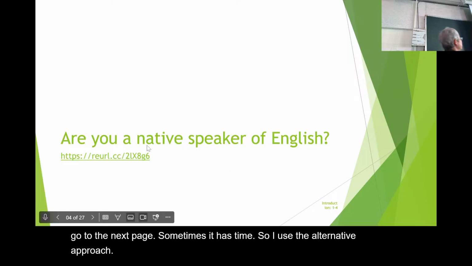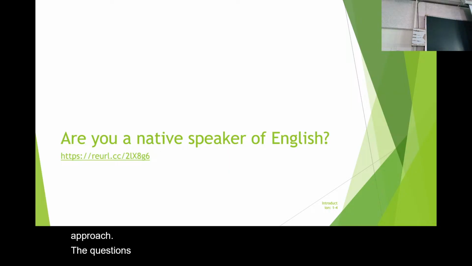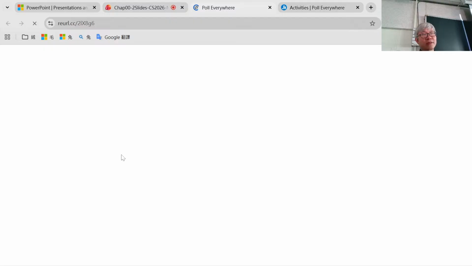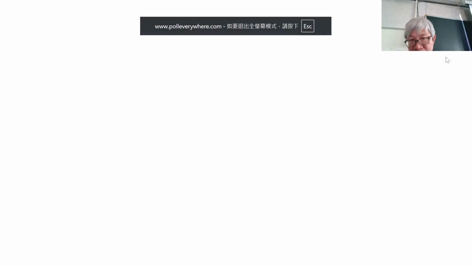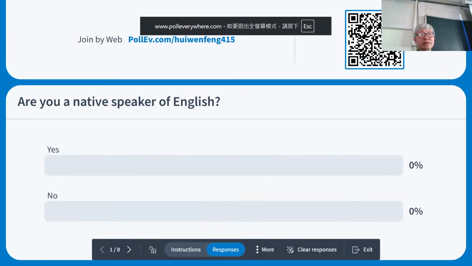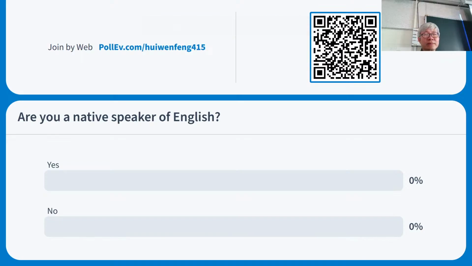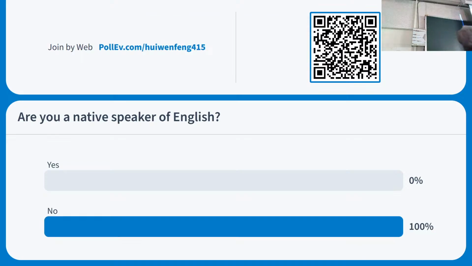The question is, are you a native speaker? I mean of English? So this one. The QR code is actually a permanent QR code, everywhere.